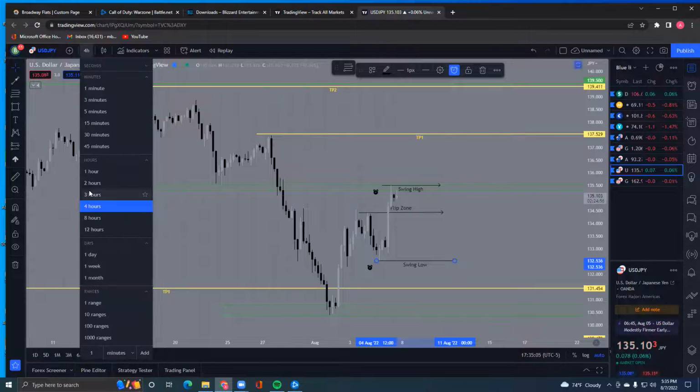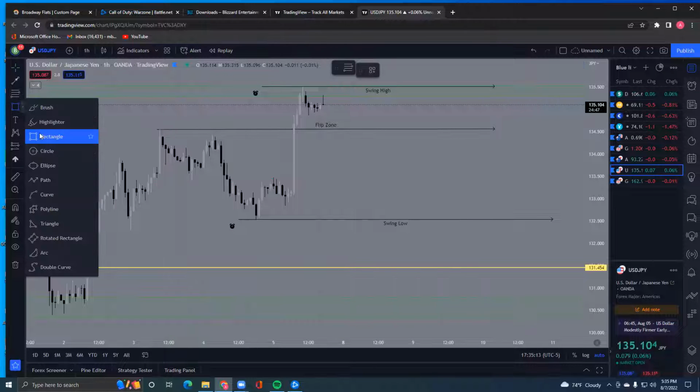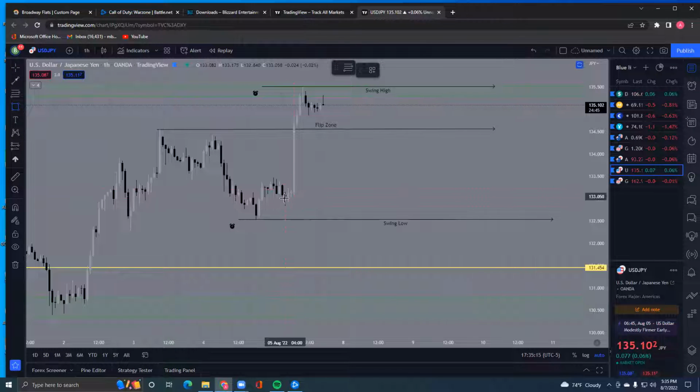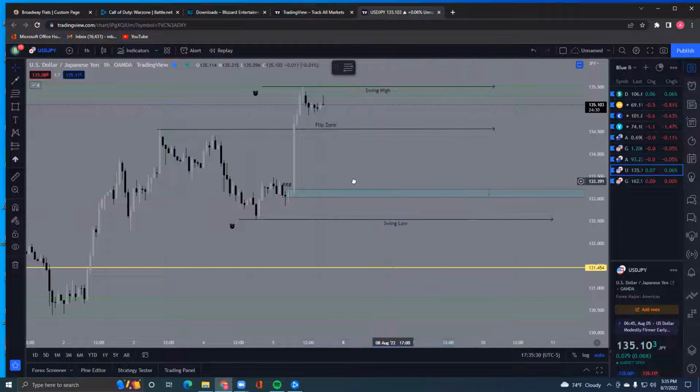We'll go down to our 1 hour and we'll just wait. Now that this broke out, we can actually mark a point of interest right here: the last down move for the up candle, which was probably about right here. So this is a point of interest. If price broke back under the flip zone, we know this is what they're targeting.